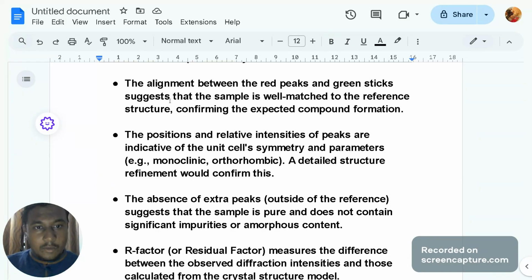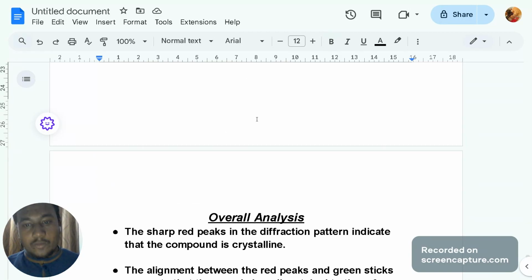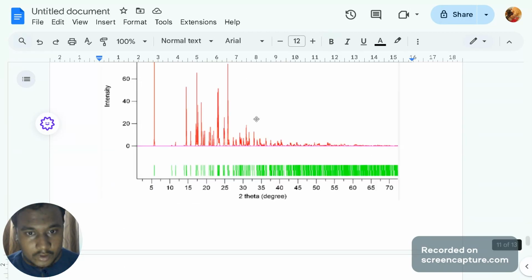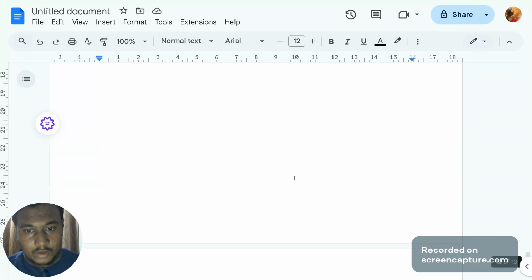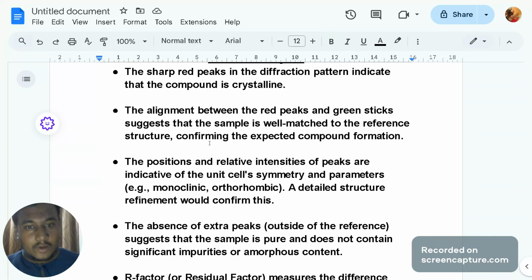The alignment between the red peaks and green sticks suggests that the sample is well matched to the reference structure, confirming the expected compound formation. The red and green align, which shows the expected compound is formed.